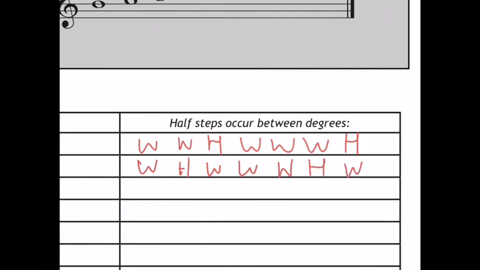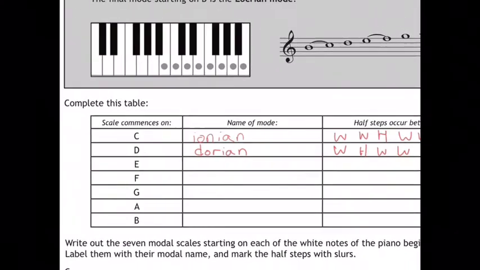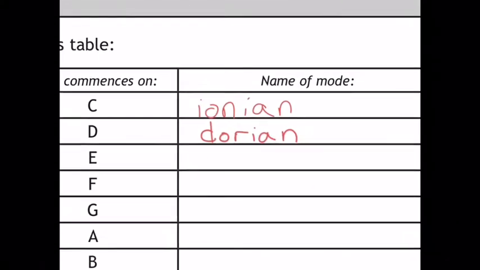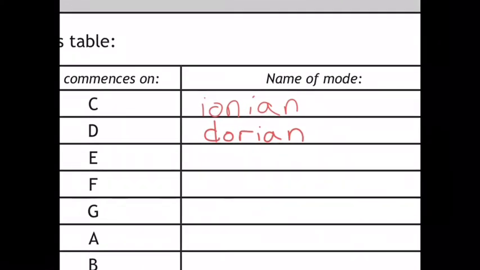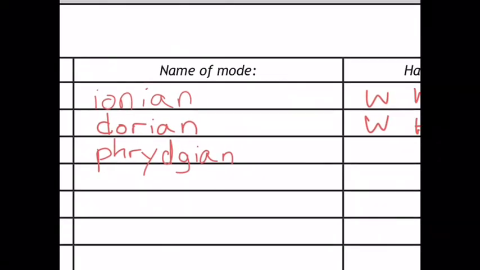Now, moving on. The scale that starts on scale degree 3 is called Phrygian. It's an awkward looking word, but think of the word fridge, like you go to your fridge to get a snack. Fridge is how you pronounce it. Phrygian.